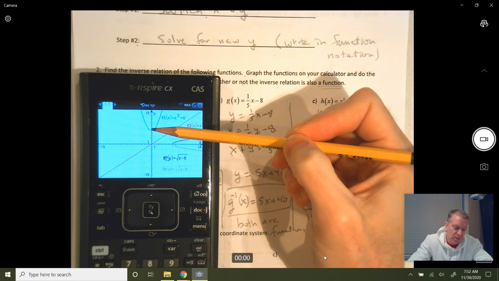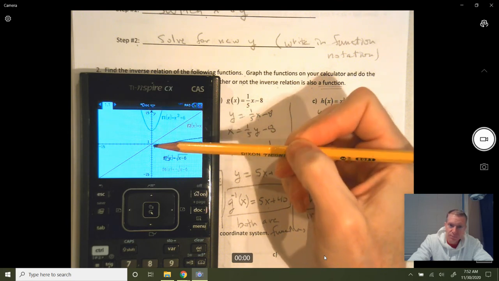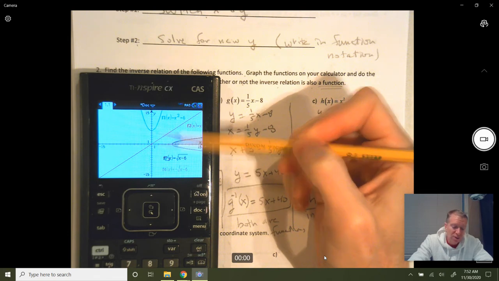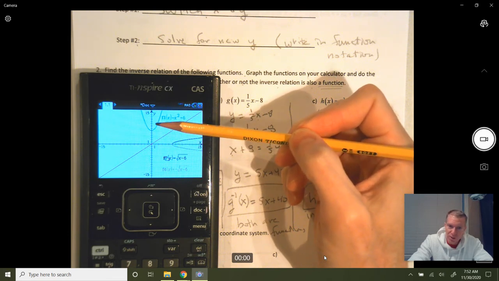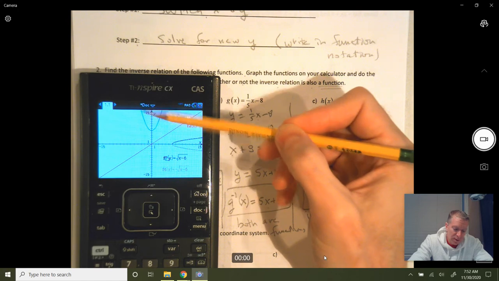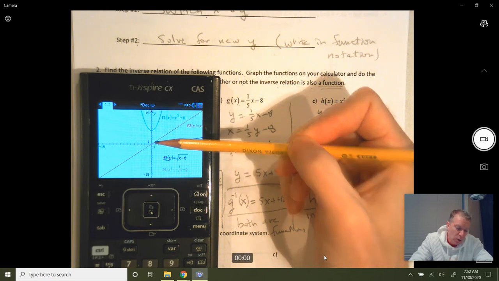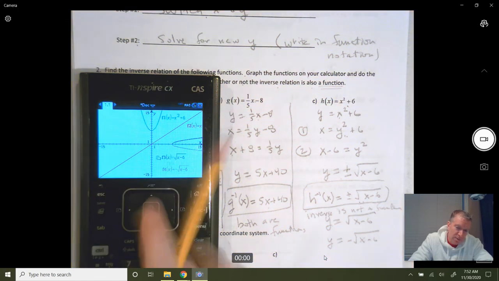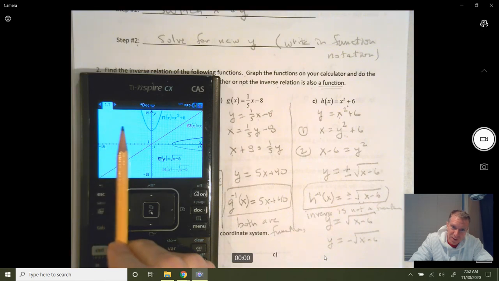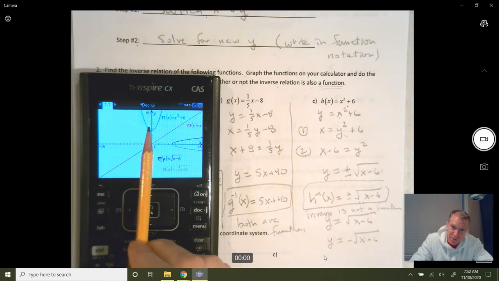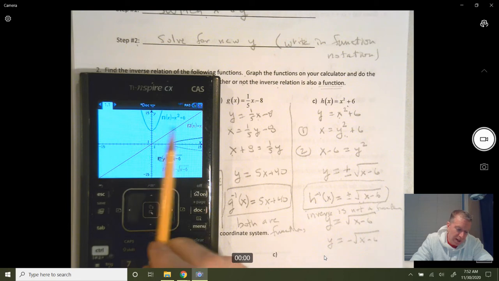Okay, so one way you can think about this, remember how you test if something's a function, you do that vertical line test? Well, if you want to know if its inverse is going to be a function, you can do that by looking at the original function, but instead of doing the vertical line test, you could do a horizontal line test. So test if you take a horizontal line and cross through that function, are you going to hit at more than one spot anywhere?